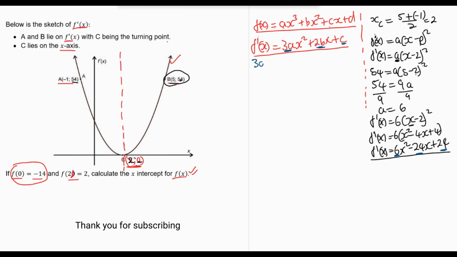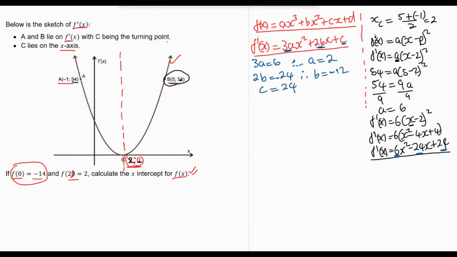So 3a is equal to 6, so therefore a is equal to 2, and then 2b is equal to negative 24, therefore b is equal to negative 12, and then c is equal to 24. Okay, so we have these three.